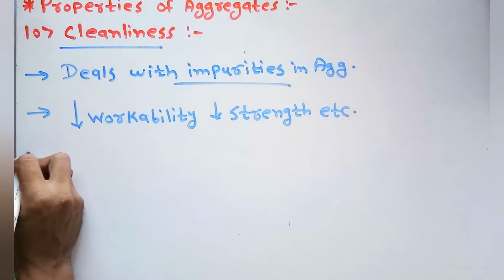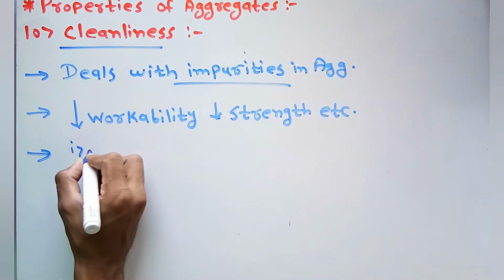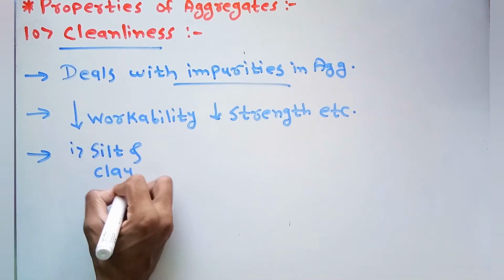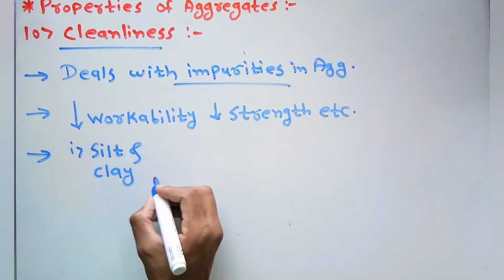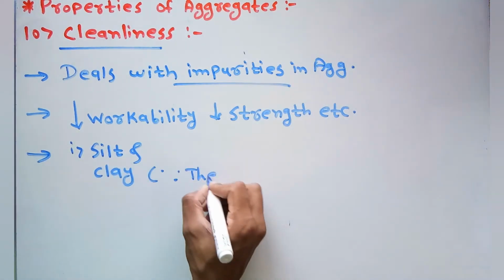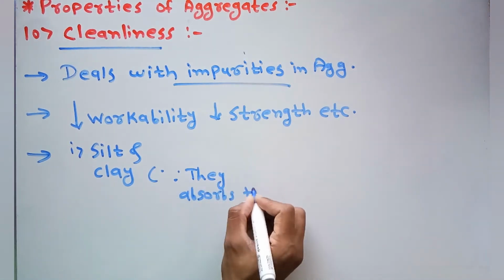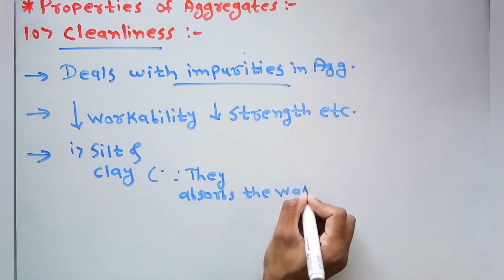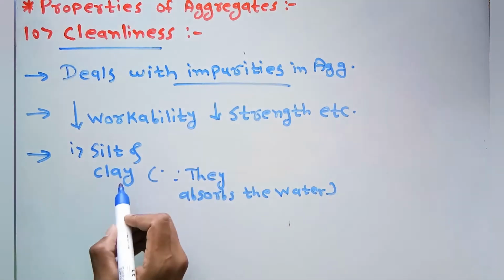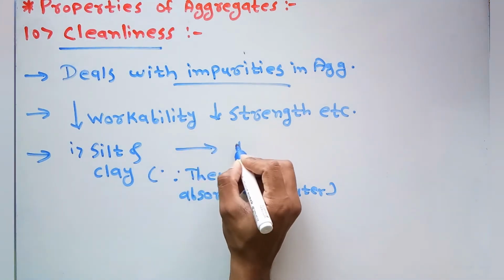The first basic impurity present in the aggregate is silt and clay. As we know, silt and clay absorb water, so if impurities like silt and clay are present in our aggregates, it increases the water cement ratio.